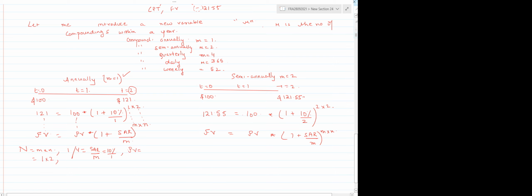PV is 100, PMT is 0, CPT FV. And here again, N is equal to M into N, which is 2 into 2, 4, right? I by Y would be SAR by M, which is 5%. PV equals 100, PMT equals 0, CPT FV.